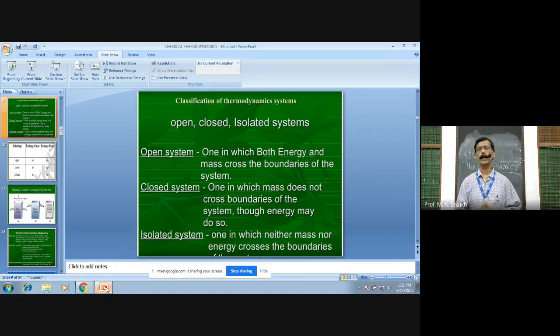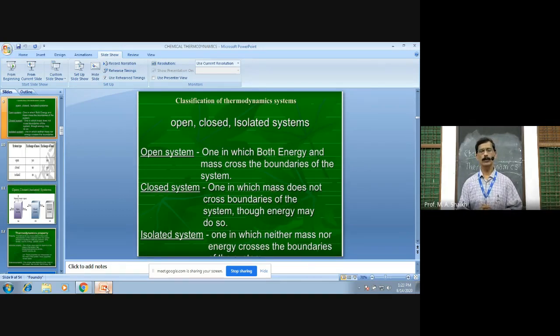I'm reading this slide for you. Open system: one in which both energy and mass cross the boundaries of the system. Closed system: one in which mass does not cross boundaries of the system, though energy may do so.